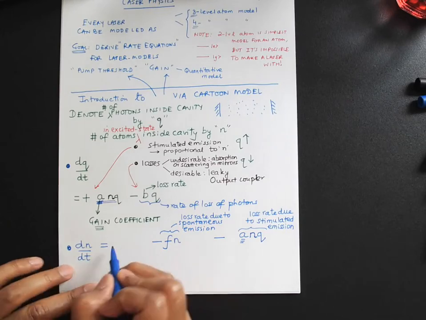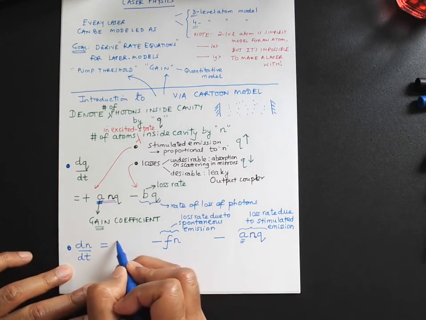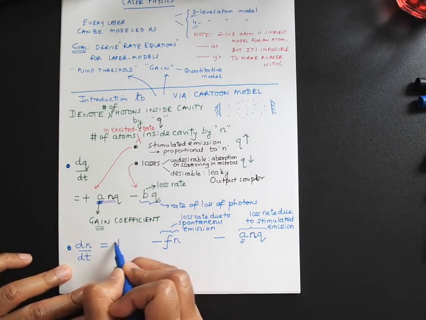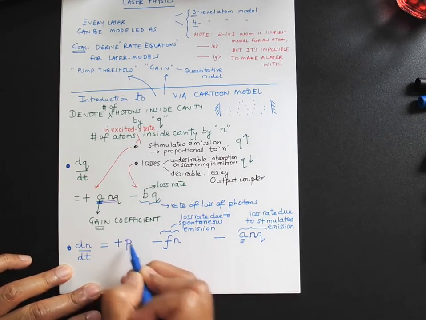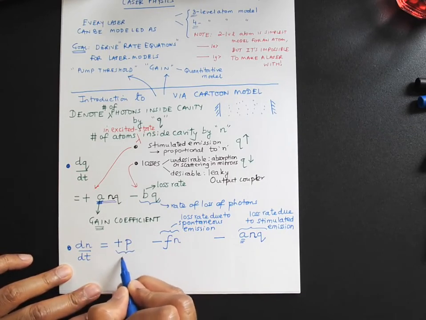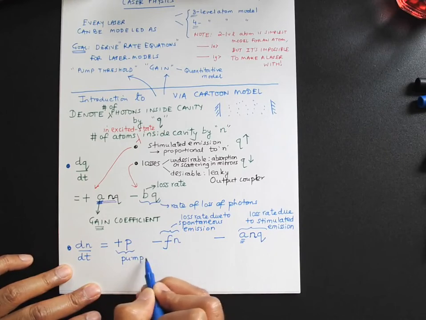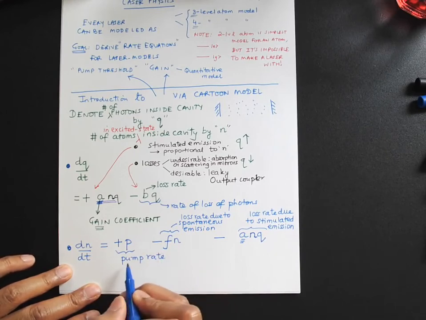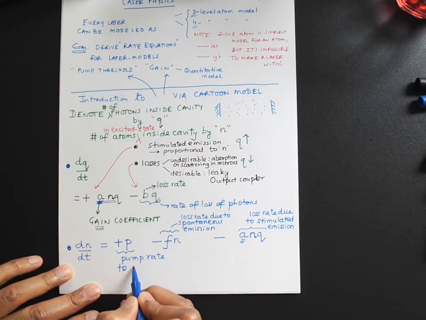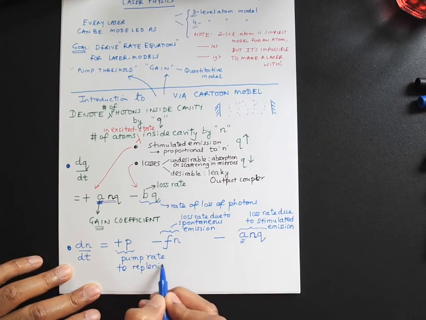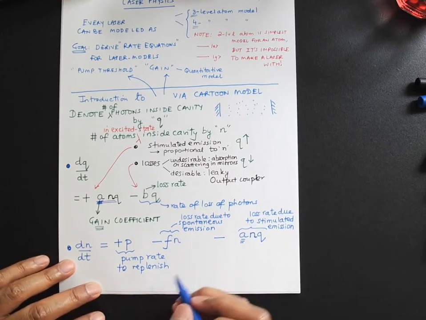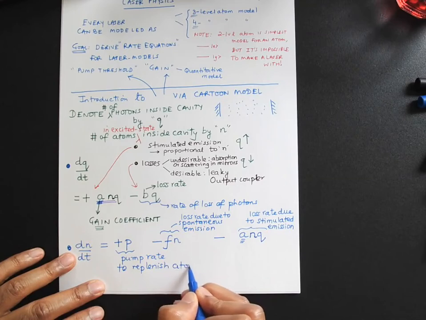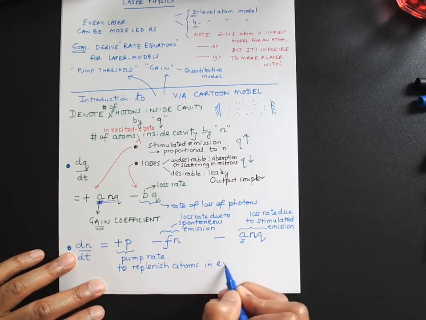And so we're going to represent that very generically and simply by plus P, where this is the pump rate, the pump rate to replenish atoms in the excited state.